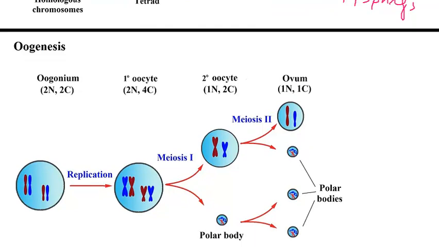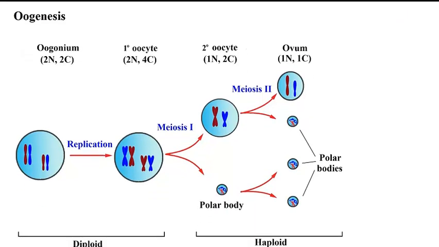Now let's go over in a little more detail how an egg is produced. So oogonium is basically the cell that gives rise to an ovum or an egg, and it's a 2N, 2C cell, meaning that it has diploid or homologous chromosomes, and there is only one sister chromatid in each of these chromosomes.